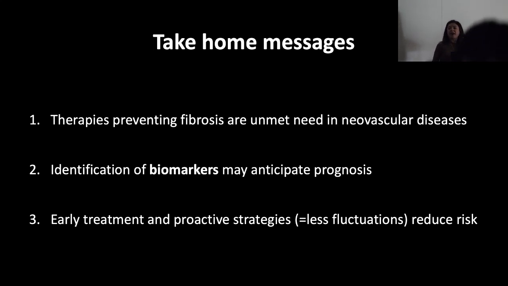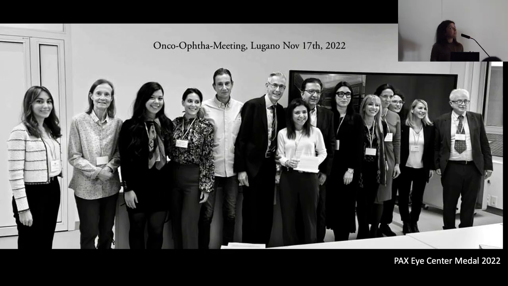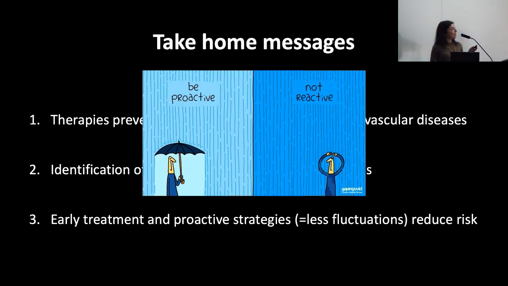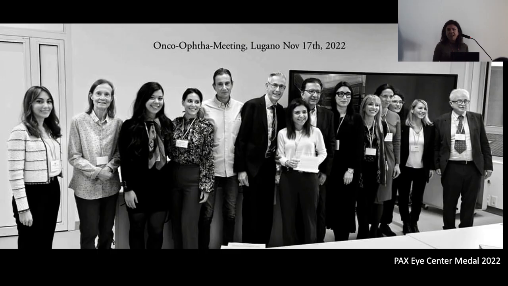We can identify biomarkers and risk factors, in order to anticipate the prognosis for the patient and maybe select patients for future trials, and early treatment and very proactive strategies are much more effective in preventing fibrosis. And I thank you again for the invitation and for your attention.